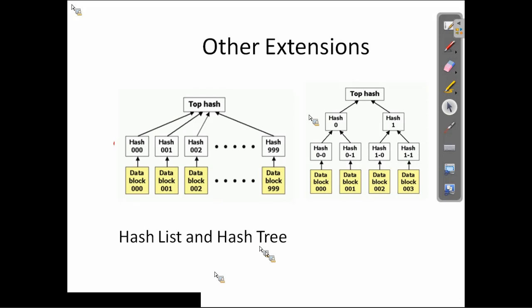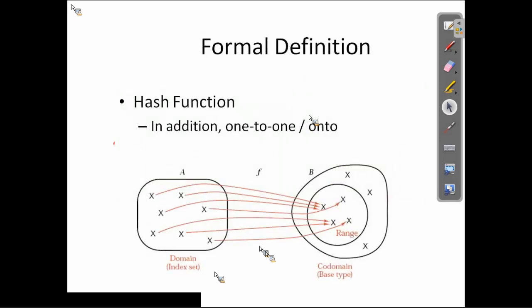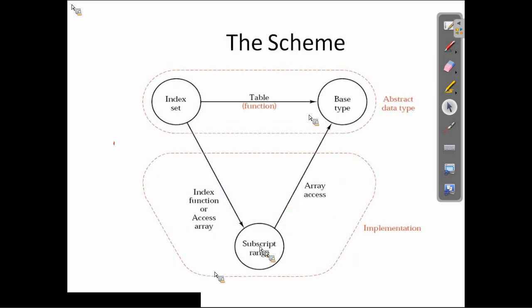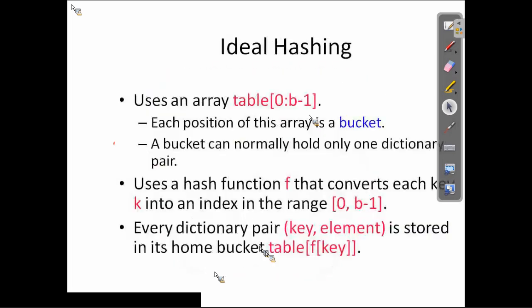Now these are some other uses of hashing, which is not relevant at this stage. Let's move on. It's a 1-1 function. I'm not sure whether it's onto or not. Obviously it's not, but it's 1-1. Next. I don't think this slide talks too much either. Next.